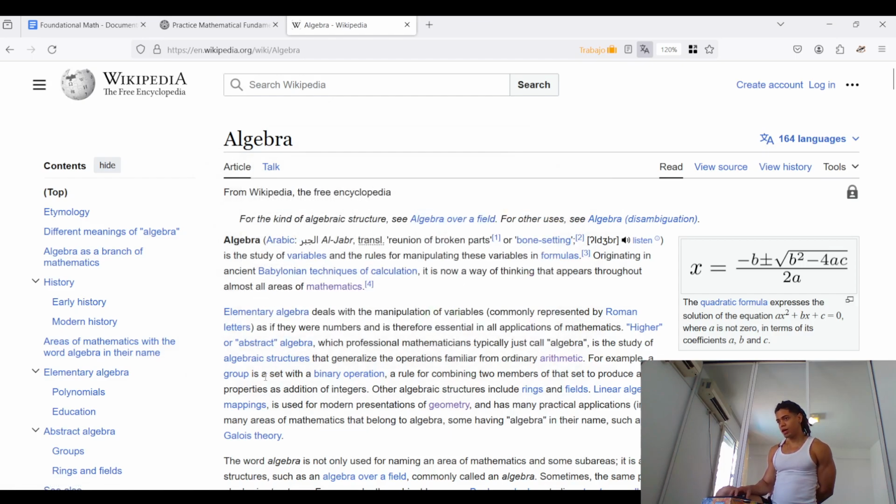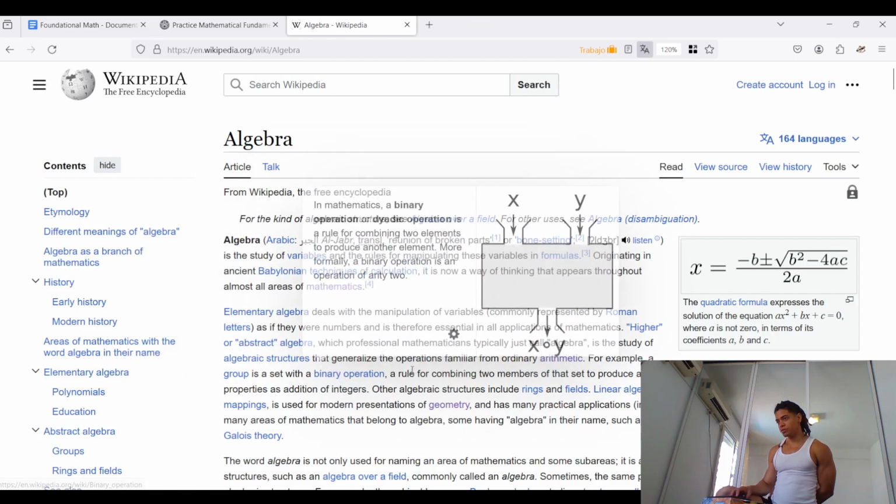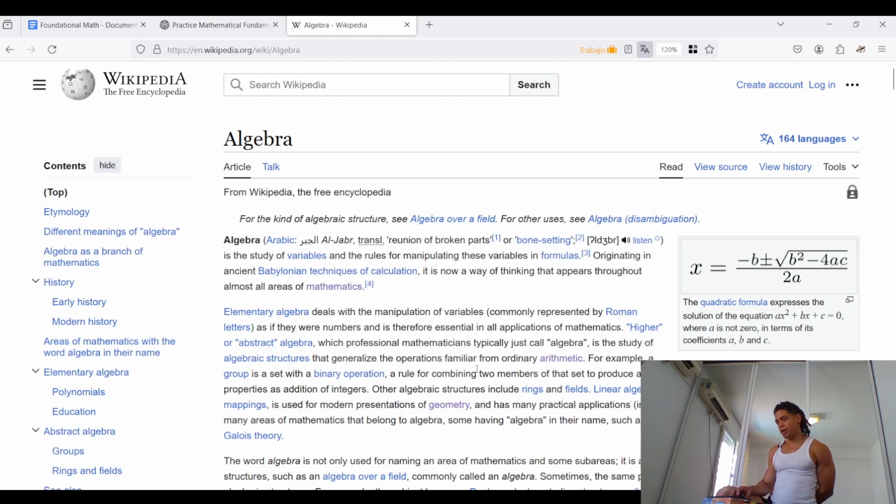For example, a group is a set with a binary operation, a rule for combining two members of the set to produce a third, which satisfies some of the same basic properties as addition of integers.